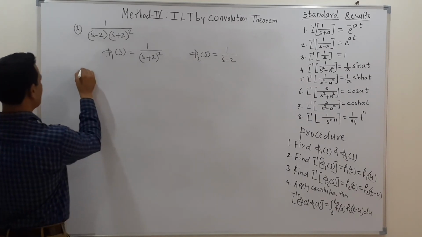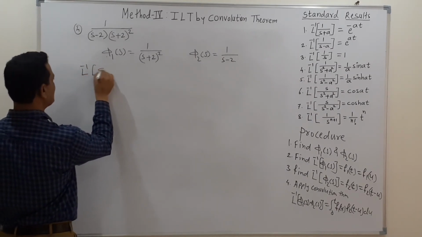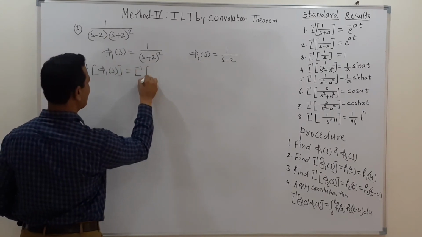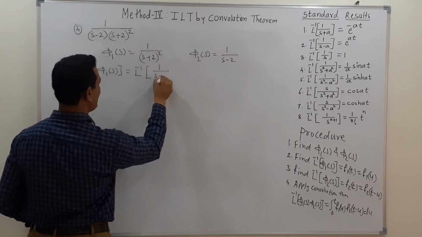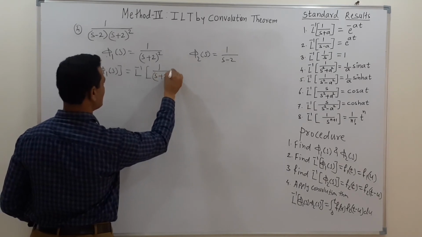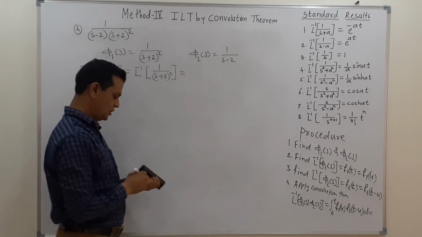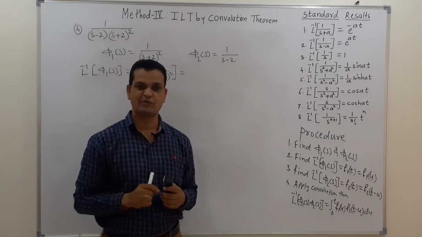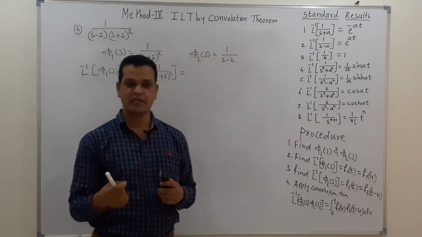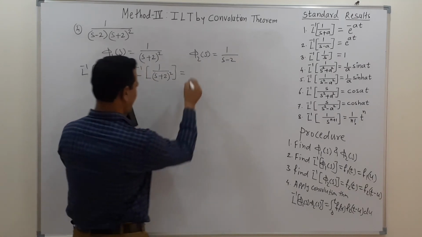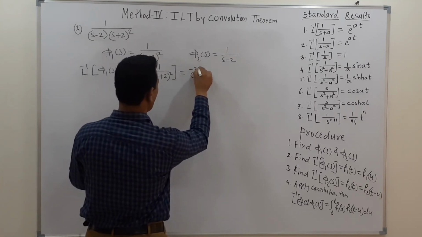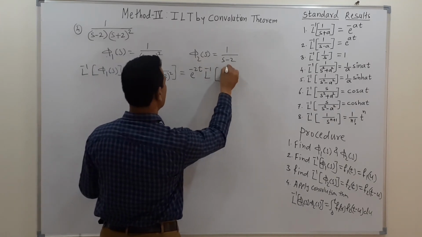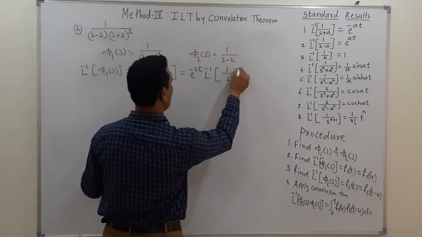Now the second step is to find out the inverse Laplace transformation of phi 1 of s, which is the inverse Laplace transformation of 1 upon s plus 2 its square. According to the second method for finding the inverse Laplace transformation, by the second shifting theorem, we write this as e raised to minus 2t into the inverse Laplace transformation of 1 upon s square.